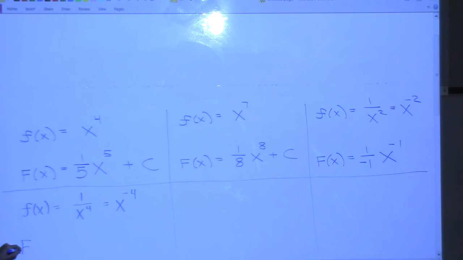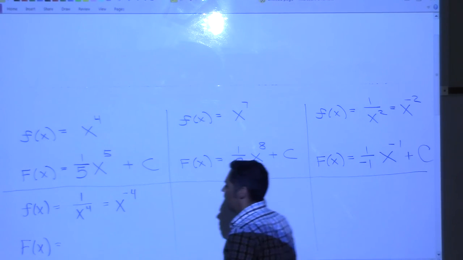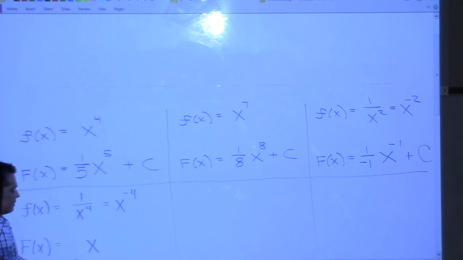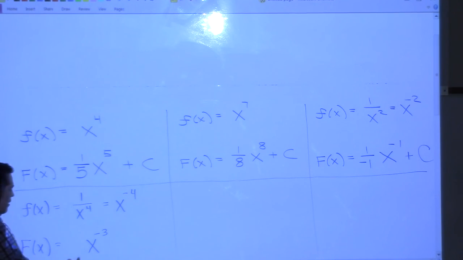So capital F of x, the antiderivative, plus c, I forgot that. Here, what can we say about the power on the x? What's it going to need to be? Negative 3. And then out here, we know when we take derivative, that negative 3 is going to come out. We don't want that there, right? So what am I going to put out front? 1 over negative 3.